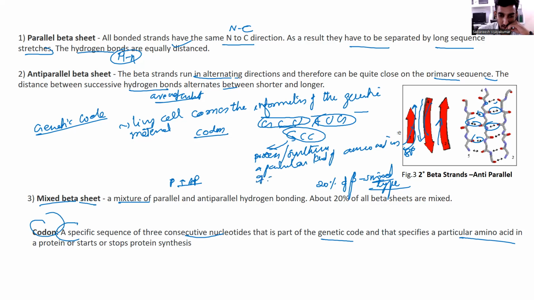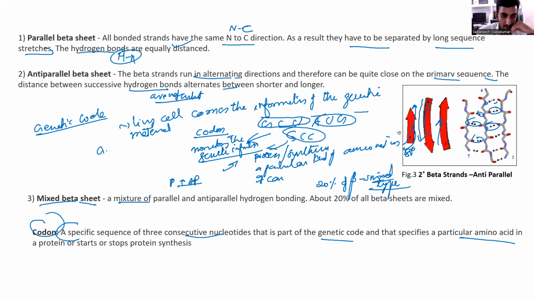It can tell a particular cell whether to start or stop protein synthesis. So accordingly, it will be monitoring the genetic information. There's a particular pattern in which any substance will be synthesizing these proteins.